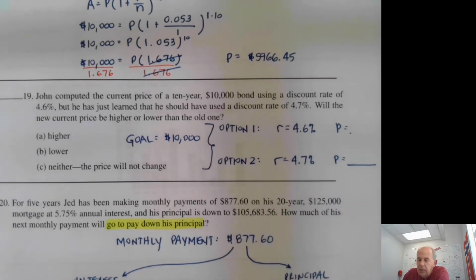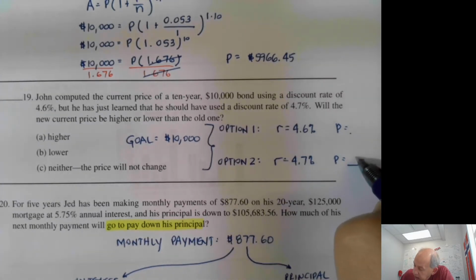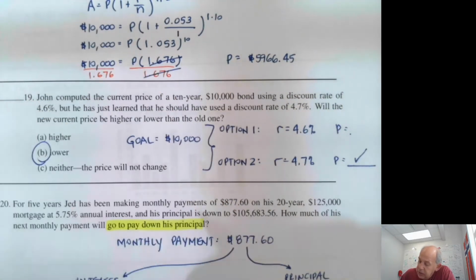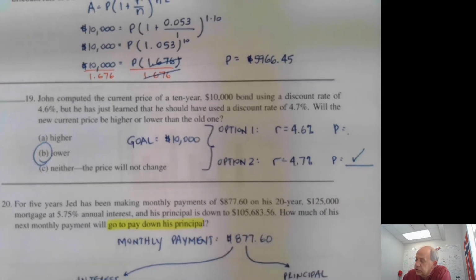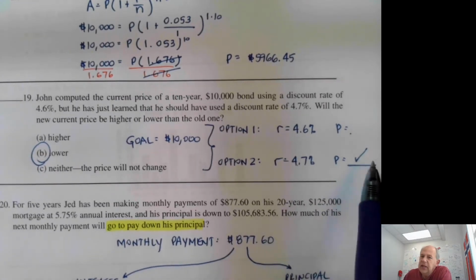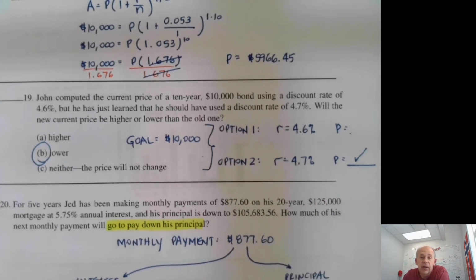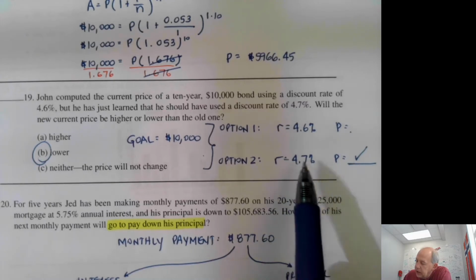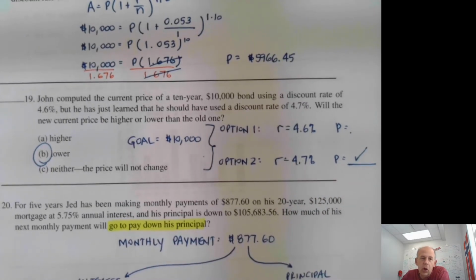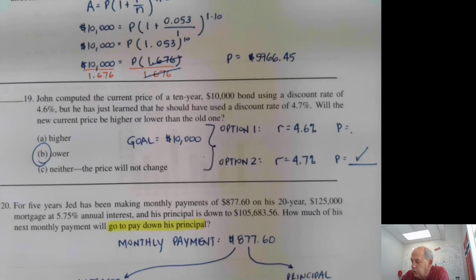And he's thinking, how much money do I need today to make that happen? Well, this amount here is going to be lower because his interest rate is higher. He doesn't need as much money today to get to his goal because the higher interest rate is going to make up for it. That's how the problem works.